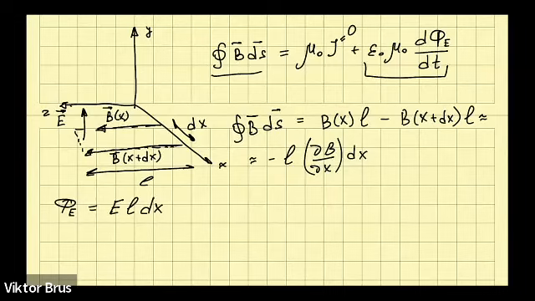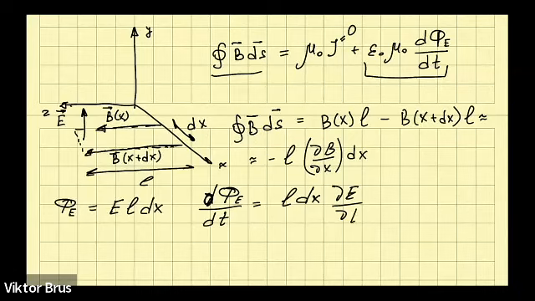So the first derivative of the electric field flux over time will be given as L times dx times the partial derivative of the electric field over time.